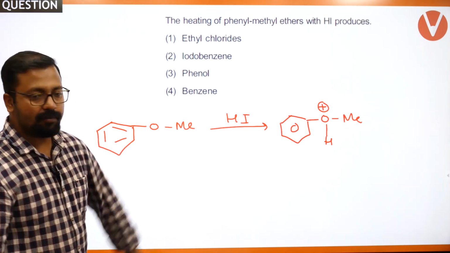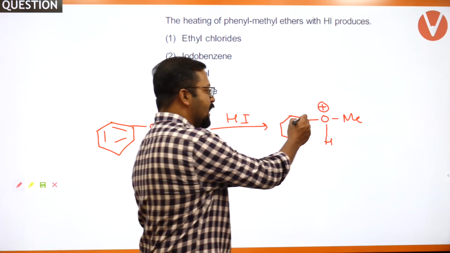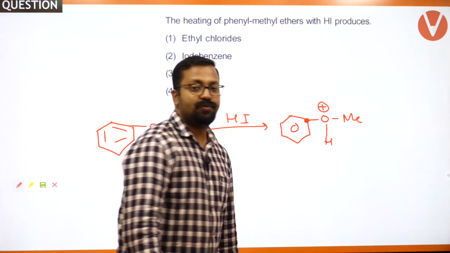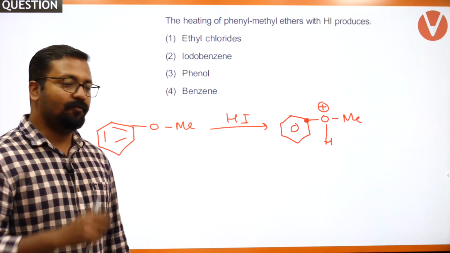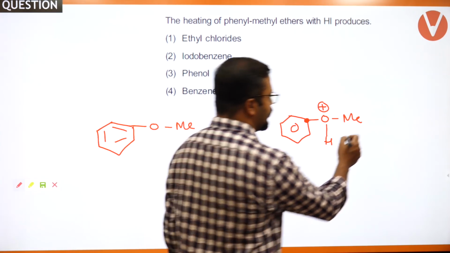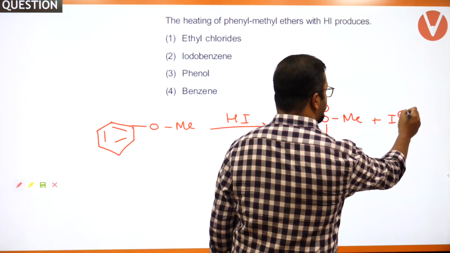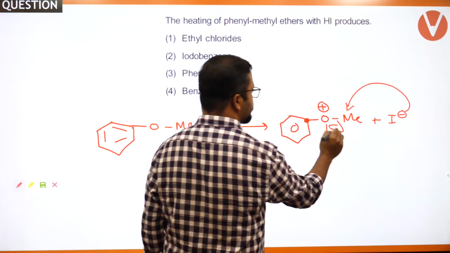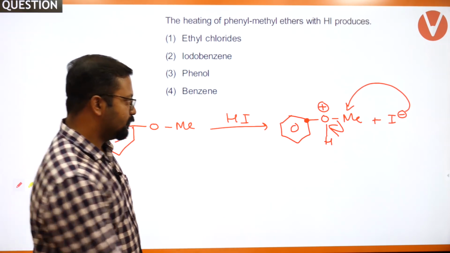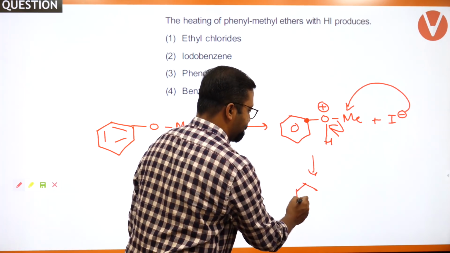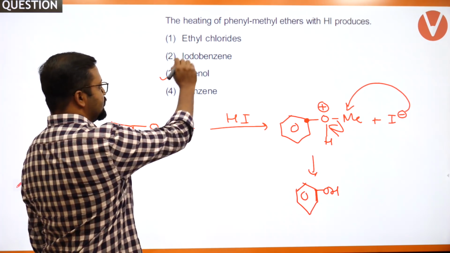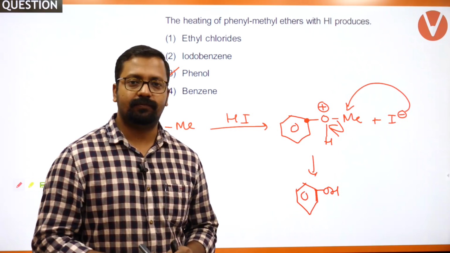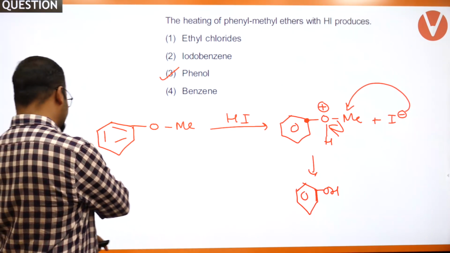So in this oxonium ion, iodide ion will not react at this point because aryl units would not undergo substitution that easily, and I minus would preferentially attack over here and this will break. We'll get phenol as the right answer. Okay? Let's move on to the next question.